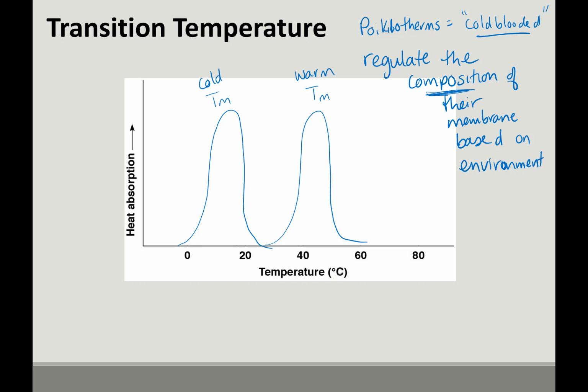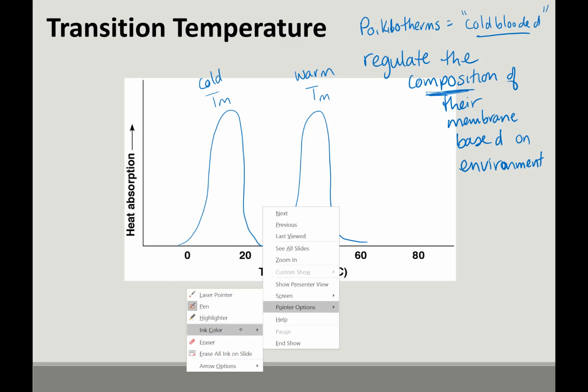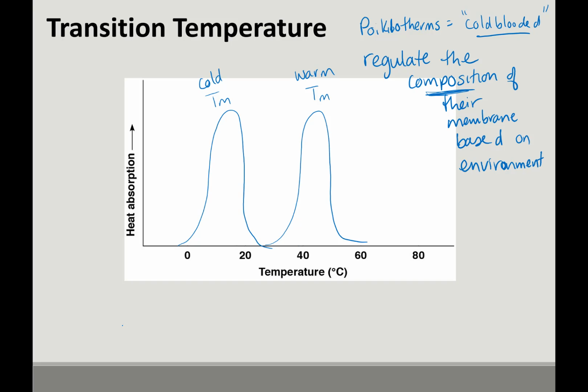One of the things I want you to think about is what would an organism have to do if it was going from one situation to another. So for instance, if it was going from a cold environment to a warm environment, now if it kept its membrane as it is, it might get too liquidy. It's above the TM.